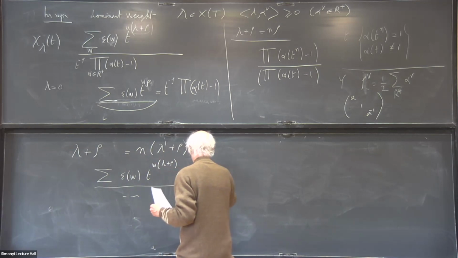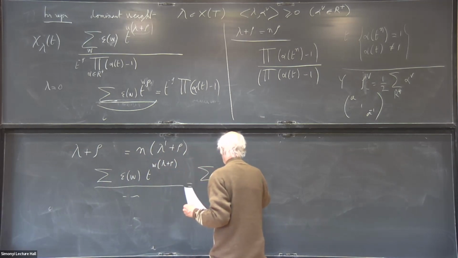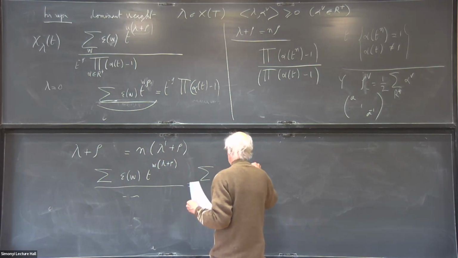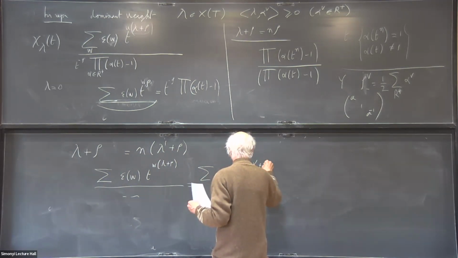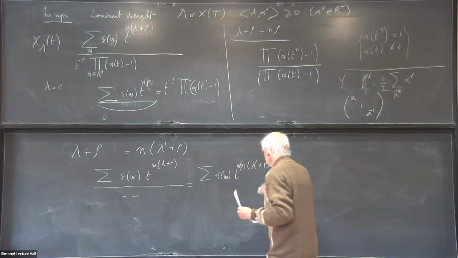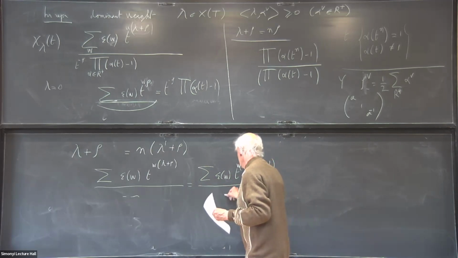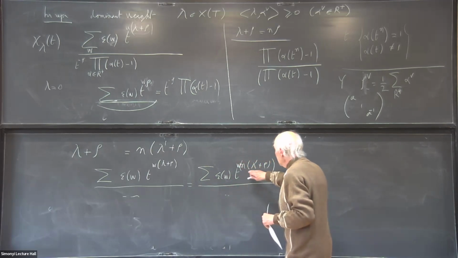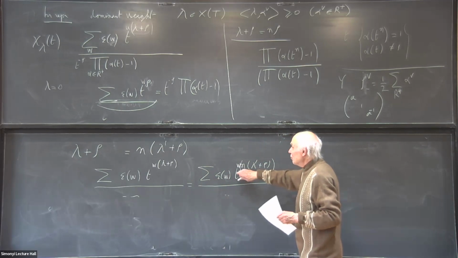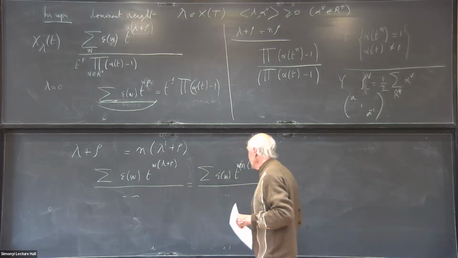And so this is some epsilon w t power n lambda prime plus rho w of this, divided by something also. And this is just evaluating this numerator at t to the power n.